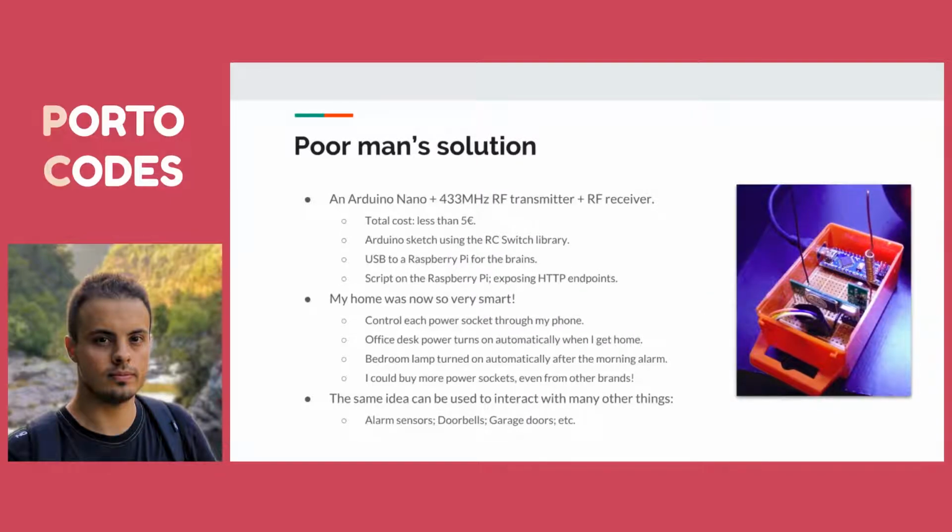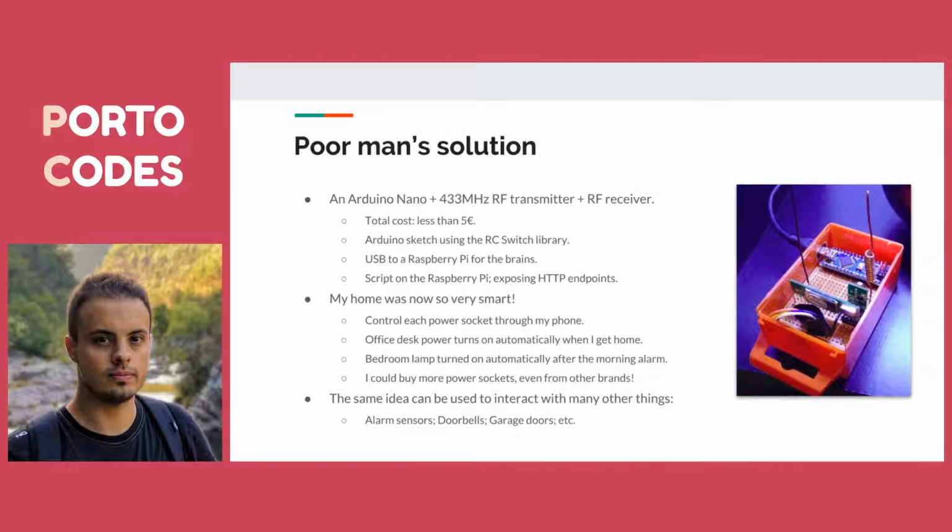So my poor man's solution was to buy an Arduino, a transmitter and a receiver for RF. An Arduino, for those who don't know, is a circuit board with a microchip. You can program it in C++. I think you can also program it in Python and some other languages.